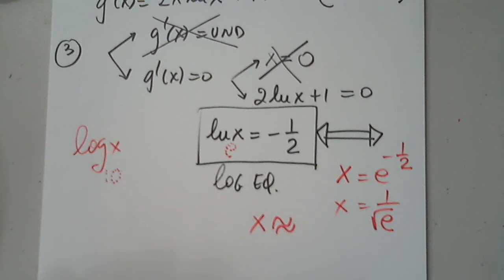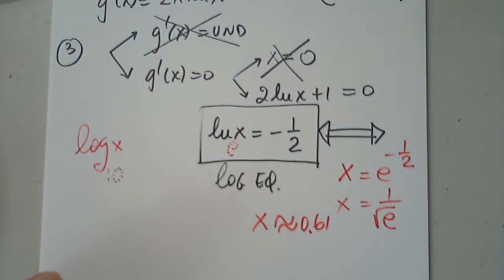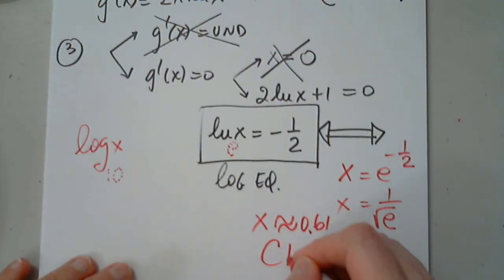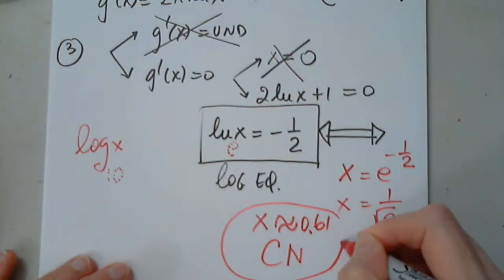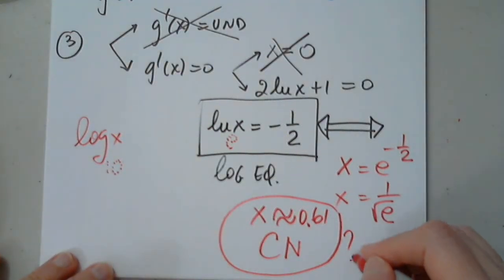Where is my e? Okay, I see it. To negative 0.5 and close and press enter. 0.61. So I know that this is the critical number, the only critical number that this function has. Is this a max or min?